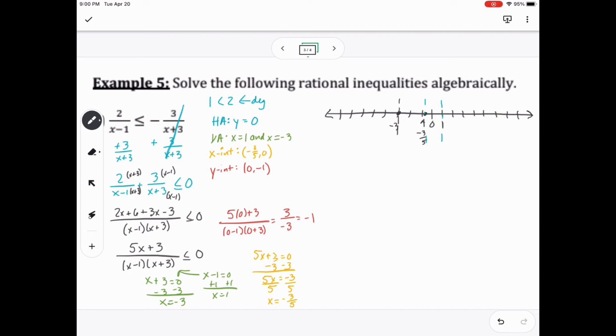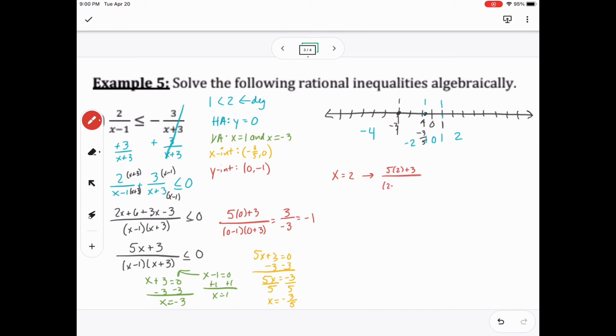So I'm going to need to pick values in each portion. So I'll pick a 2, -4, -2 in this case, and 0 will be my values that I choose. And I'll plug all those into my function that I've already set up. And then take a look at what I get.